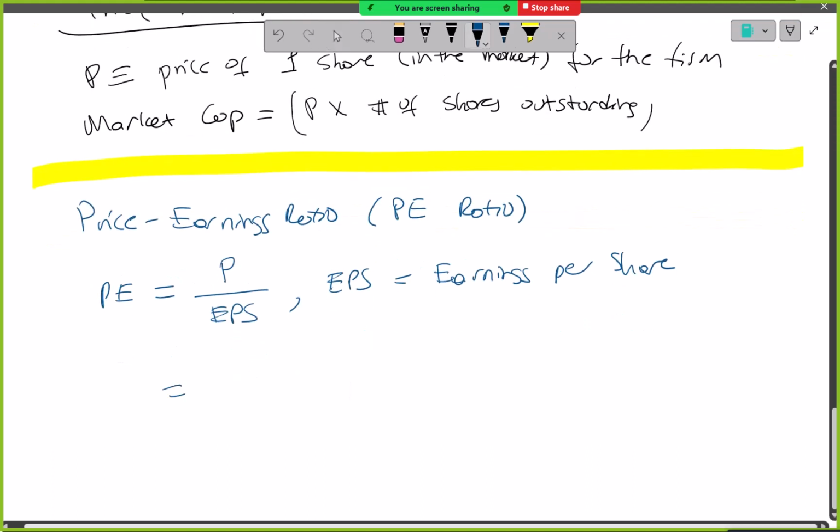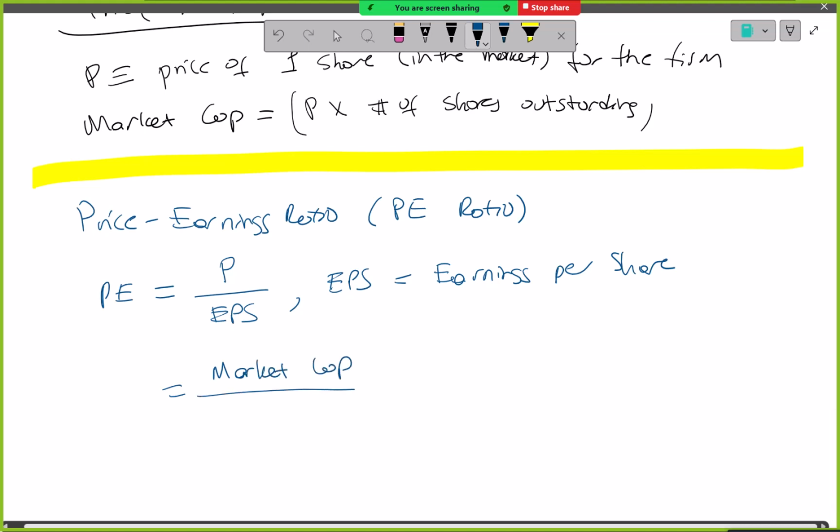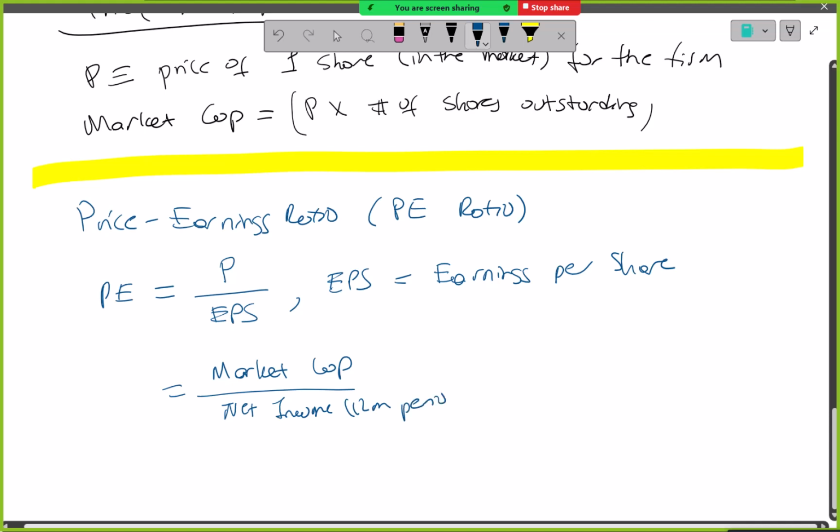Or it's equal to market cap divided by total net income of the firm for a 12-month period. Usually we express this in terms of 12 months.